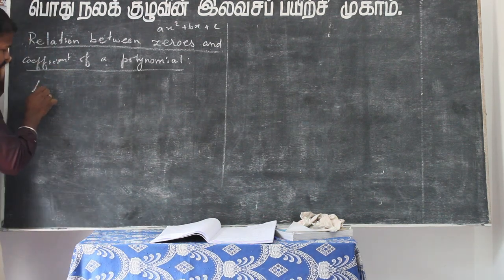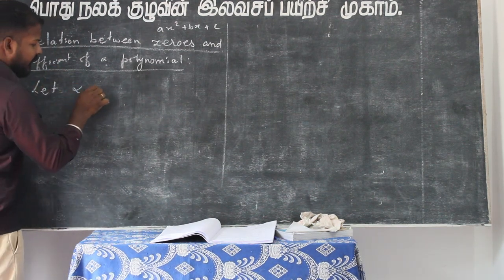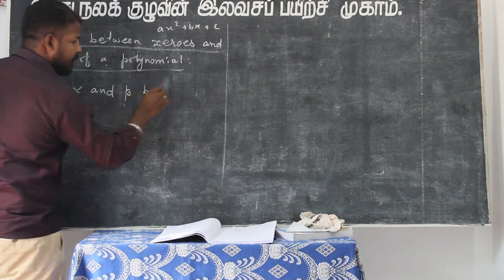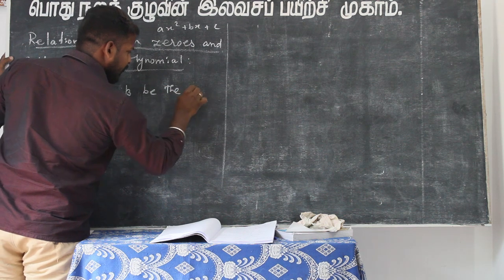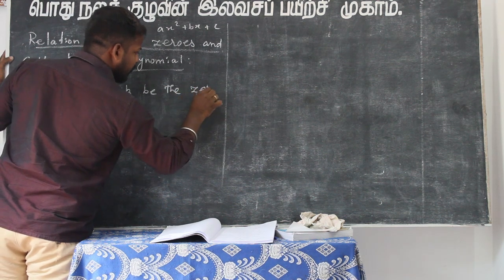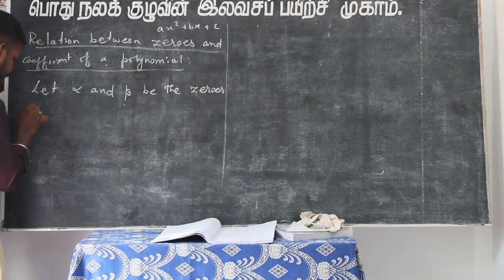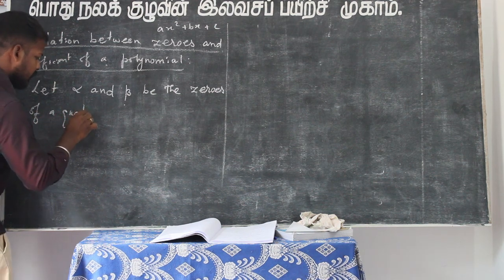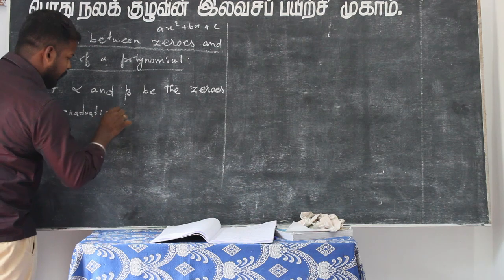So let alpha and beta be the zeros of a quadratic polynomial.